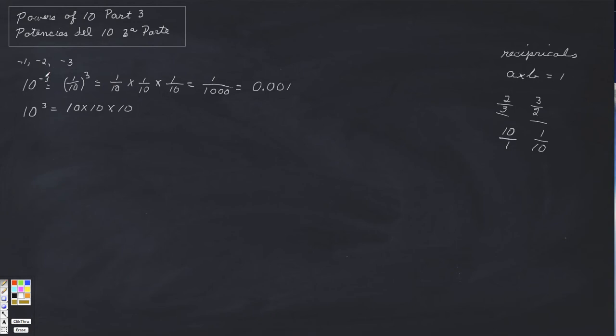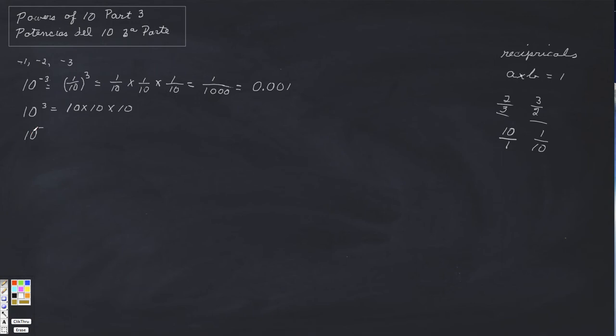So in fact, a power of 10 with a negative exponent is equal to a fraction. It's equal to a very small number, in fact. Let's look at some other negative powers, powers of 10 with a negative exponent.